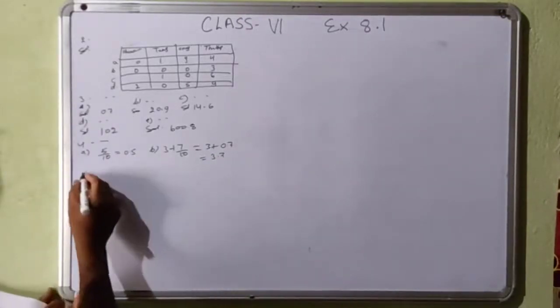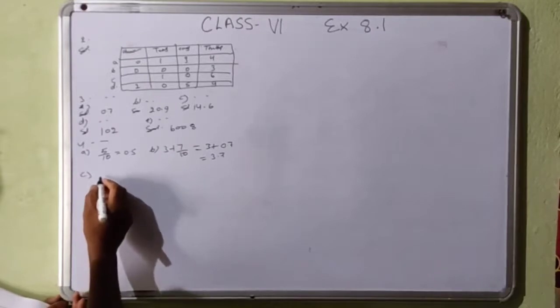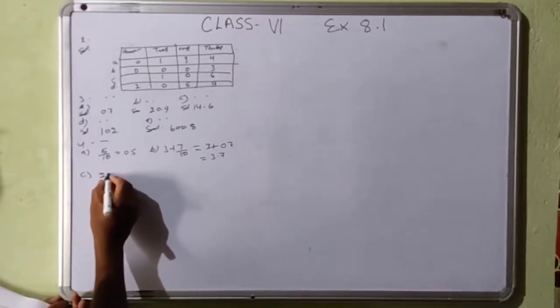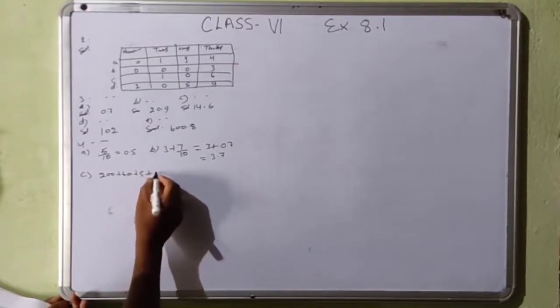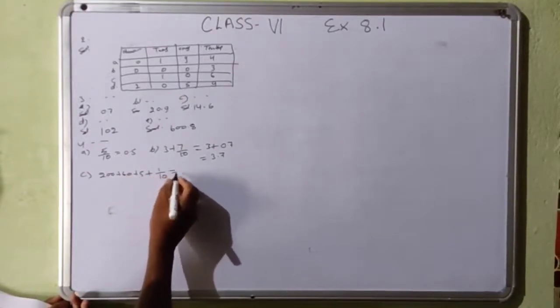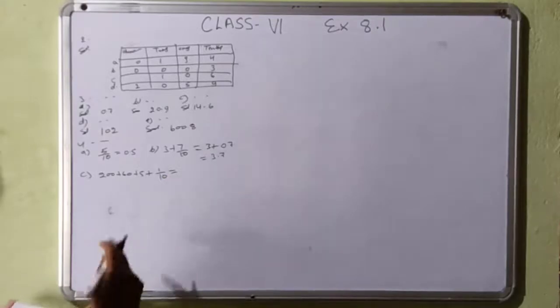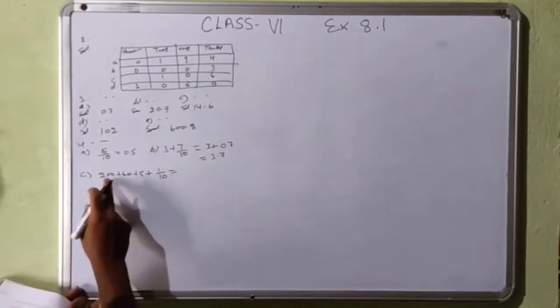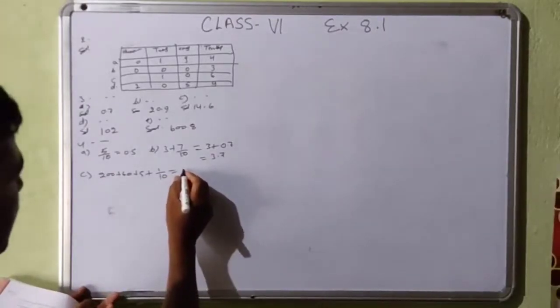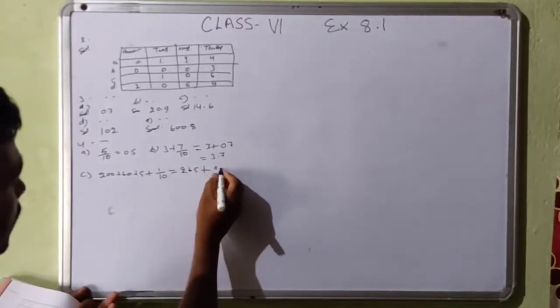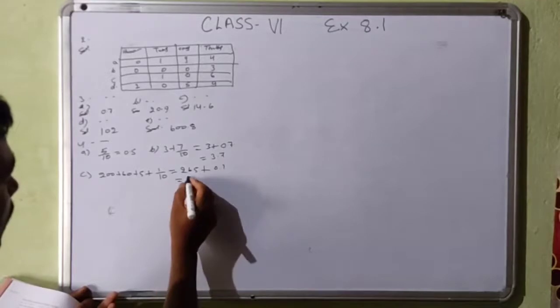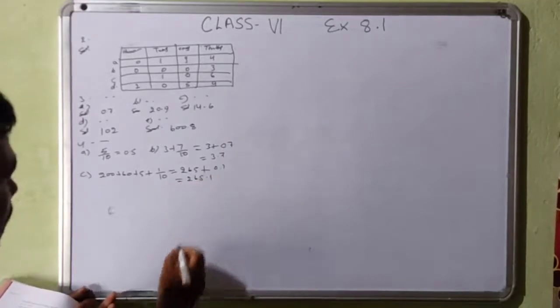C part is 200 plus 60 plus 5 plus 1 upon 10. You will add these things similarly: 265 plus 0.1. So that will be 265.1.